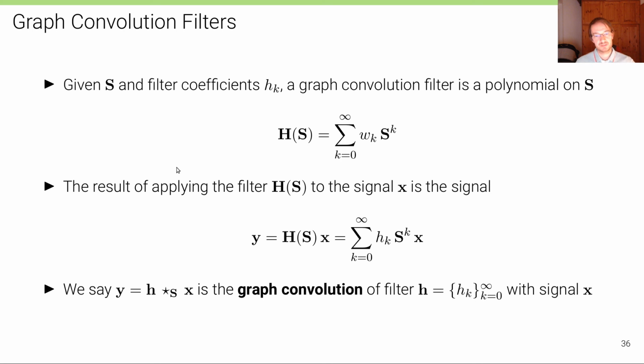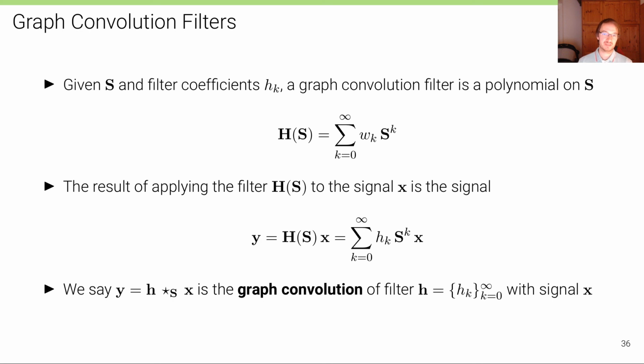And now the result of applying this filter that we defined through this power sequence to the signal x is simply the following signal, where we have this infinite sum over these coefficients times s to the power of k times the input signal x.